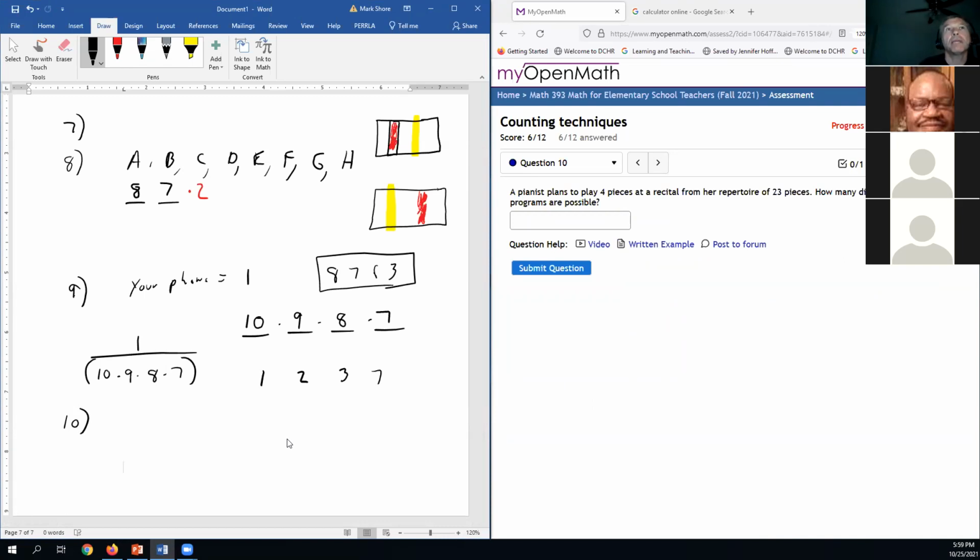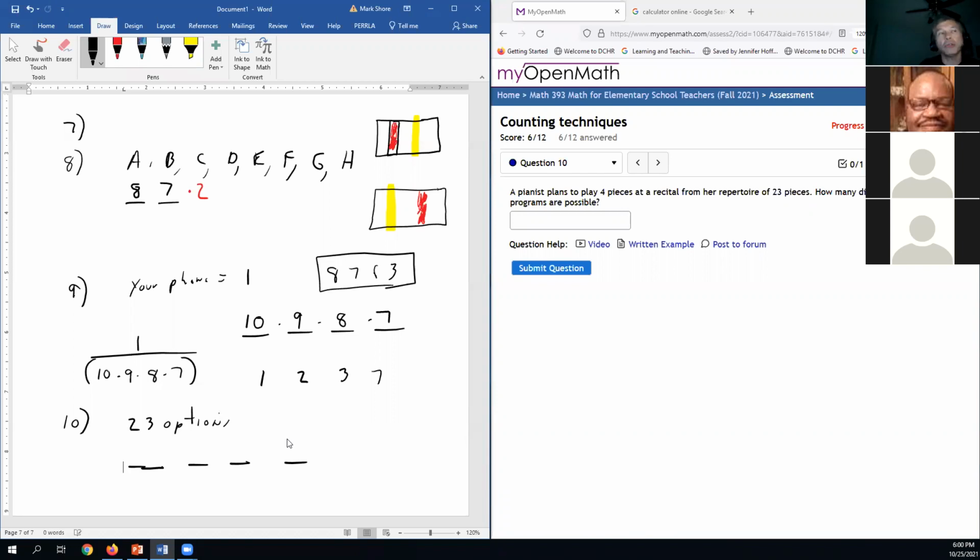So on 10, it says a pianist is to play 4 pieces for a recital from her repertoire of 23 pieces. How many different recital programs are possible? So what this means is she has 23 options. Now, she's not going to play the same song twice, but she's going to play 4 songs.